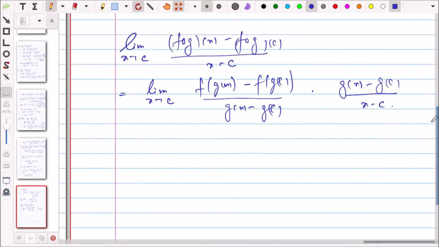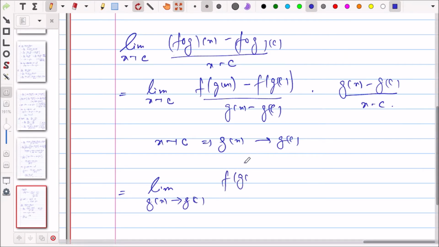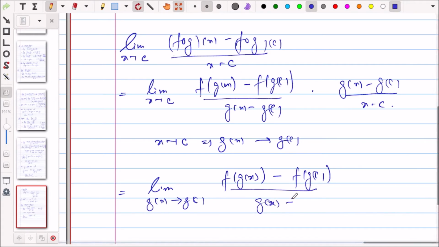Now x goes to c implies g(x) approaches g(c), so this limit can be written as the limit of g(x) approaching g(c) of f of... or we can take y equal to g(x), so this limit will come.